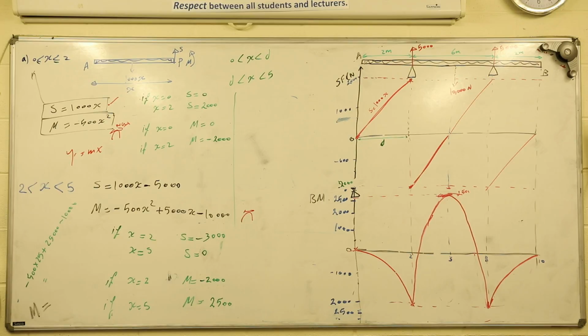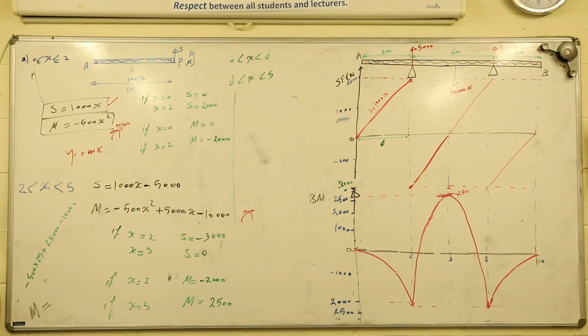Bending moment minus 2,000. Is it minus 2,000 or minus 2,500 we get there? Minus 2,000. I put it up to minus 2,500. Bending moment in newton meters. Okay.